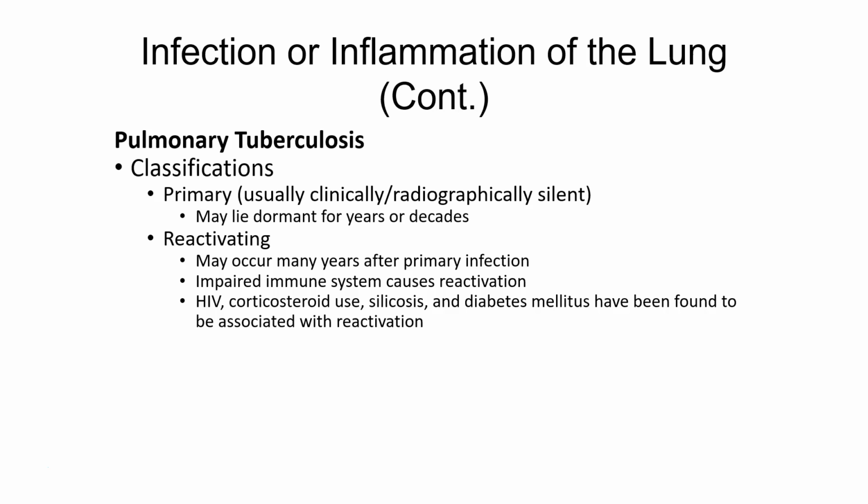The problem comes with secondary or reactivating tuberculosis later on in life. If you've had something that causes your immune system to be compromised, or you enter one of those high-risk categories, those bacteria that you were exposed to long before have been there dormant, waiting for an opportunity to begin to divide.